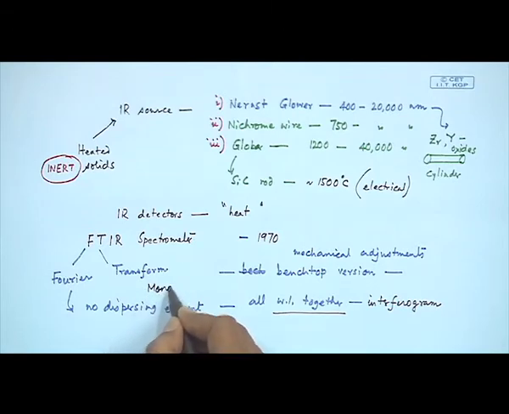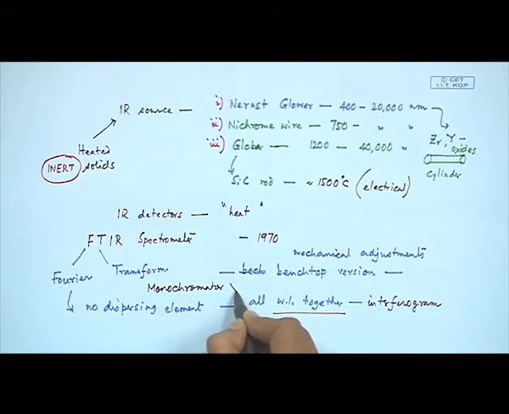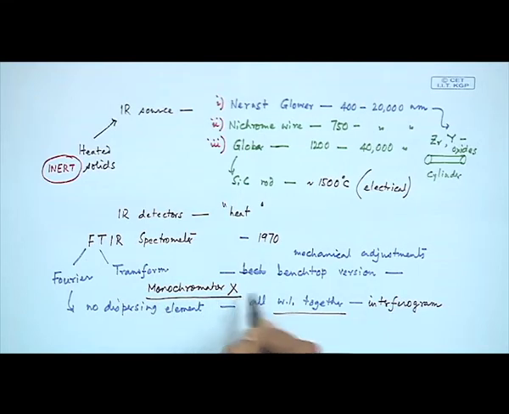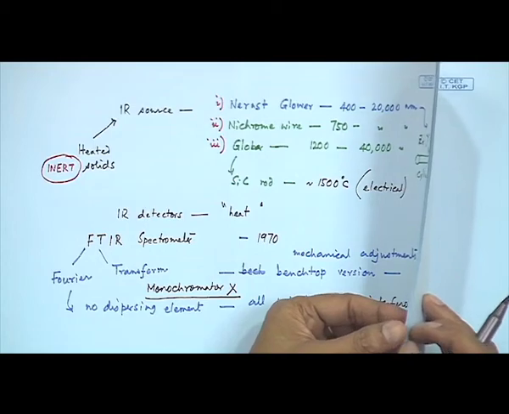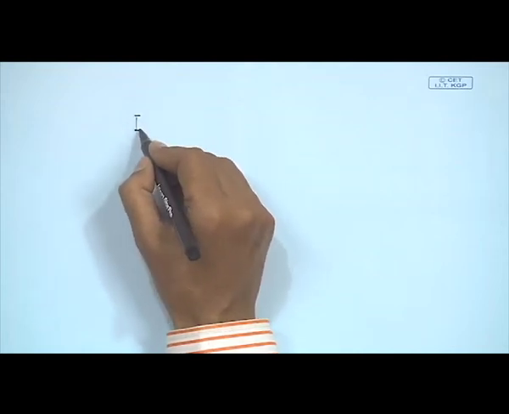So, there is the advantage: no monochromator for these sorts of instruments, and we can use the same source to monitor all these things. We look at the function and use of the interferometer, which gives the interferogram.